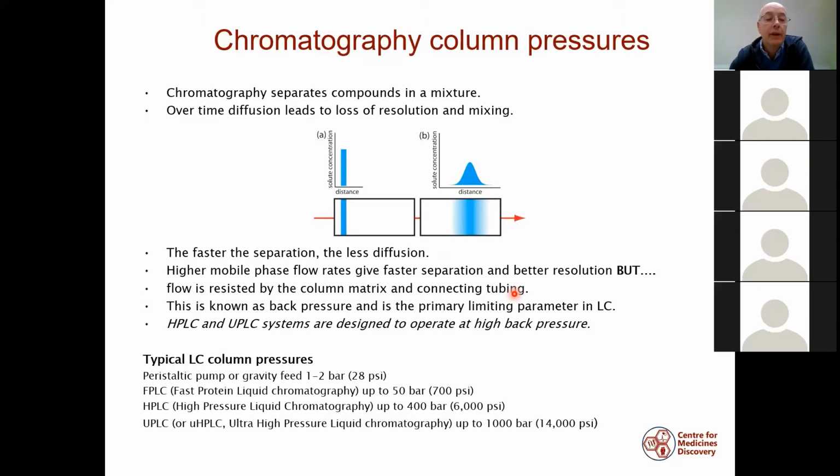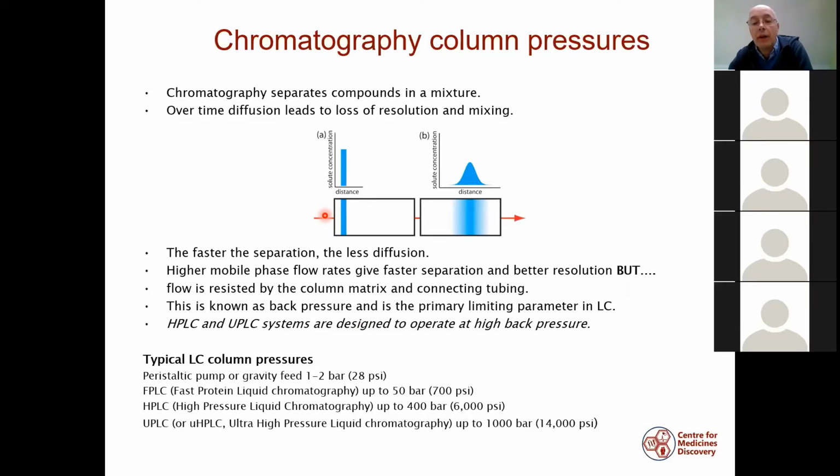So you can apply a higher mobile phase flow rate, and this will give you a faster separation and better resolution. However, the more flow pressure you apply onto the leading edge of the column, the more that pressure is resisted by the column itself. And this is known as back pressure.